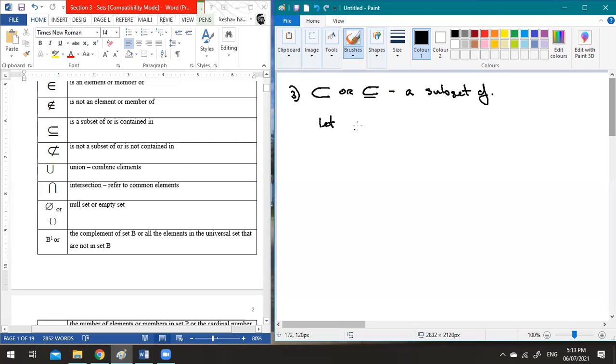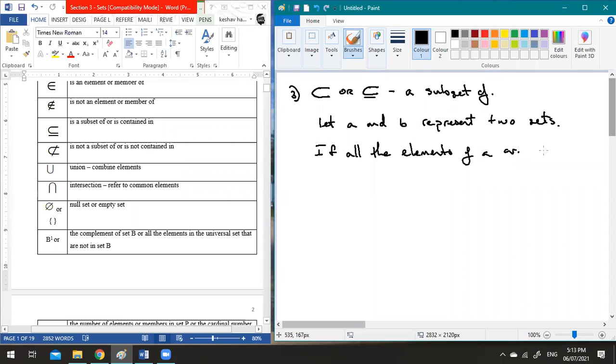So let A and B represent two sets. And if all the elements of A are contained in B, then A is a subset of B.